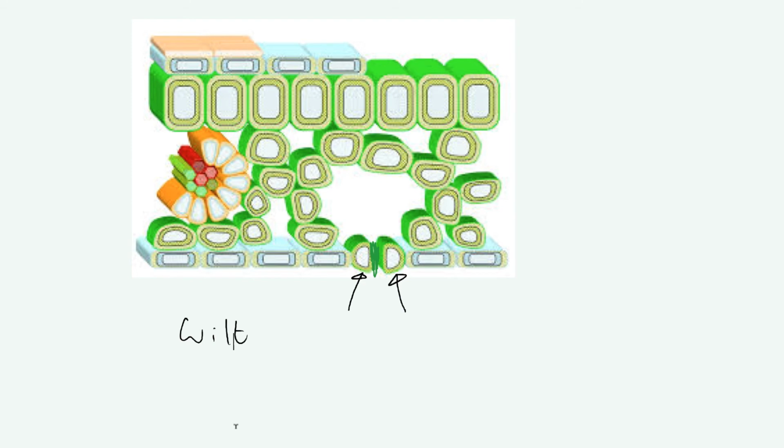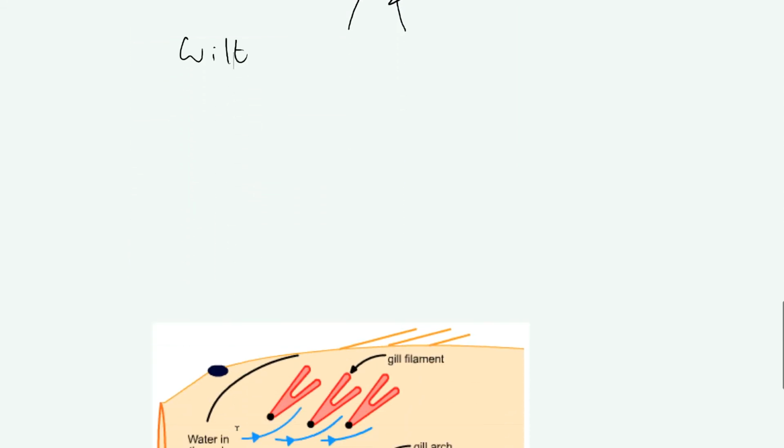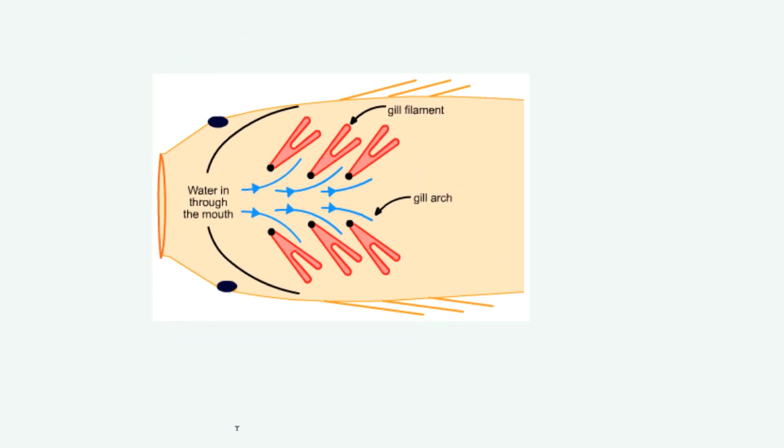Alright, so let's have a look at our last example of an exchange surface. And this here is meant to be a fish, right? These here are the gill filaments of the fish. So the way that fish obtain oxygen into their blood, they don't have lungs like we do, they have gills. What happens is water, let's just draw it in here, comes through the mouth like so.